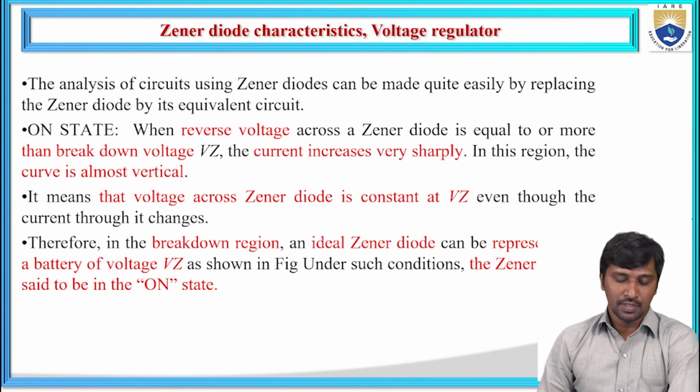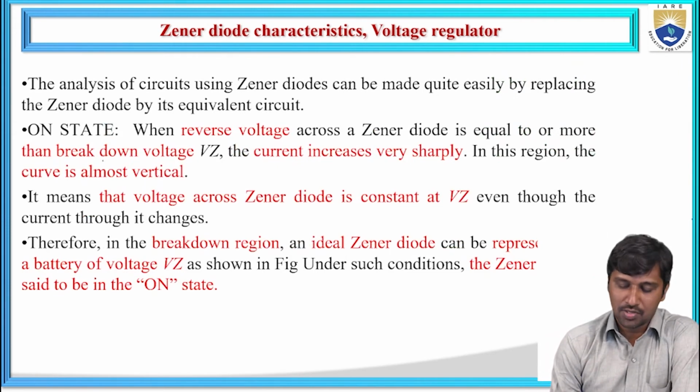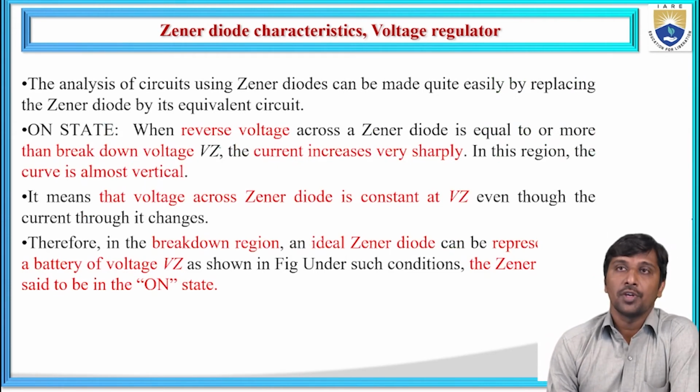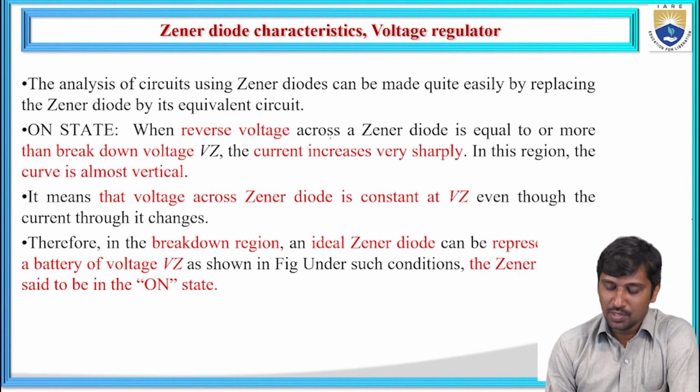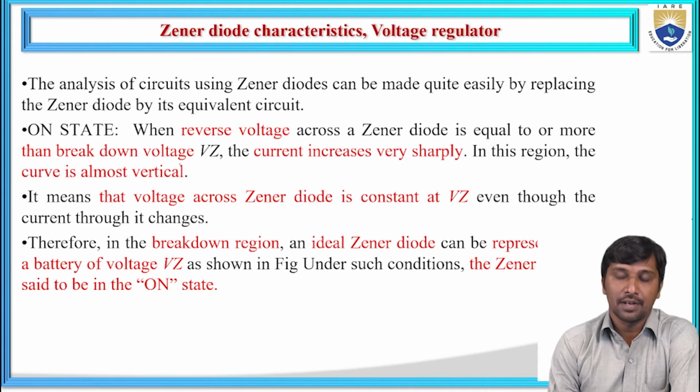Similar to that, we need to identify the two states for the Zener diode, starting with the on state. How are we going to find the on state? It is when the reverse voltage across the Zener diode is equal to or more than the breakdown voltage.